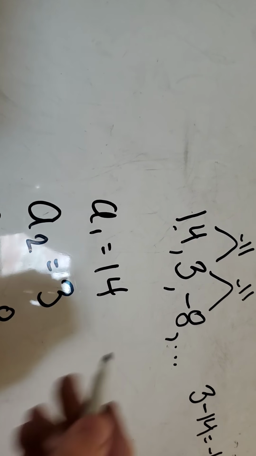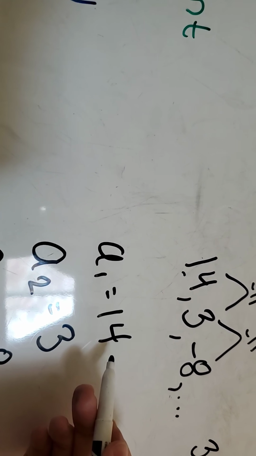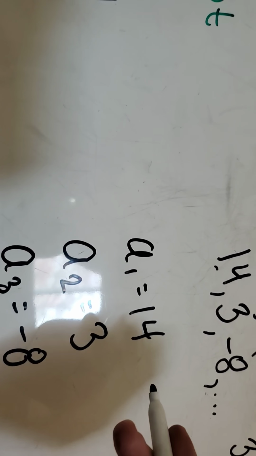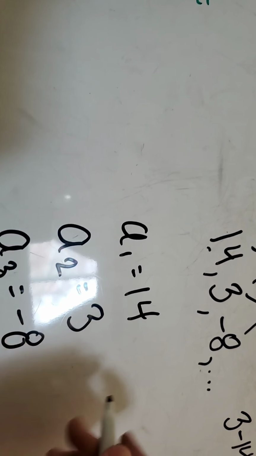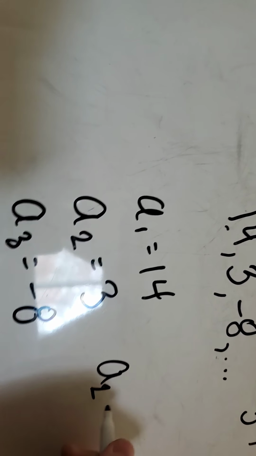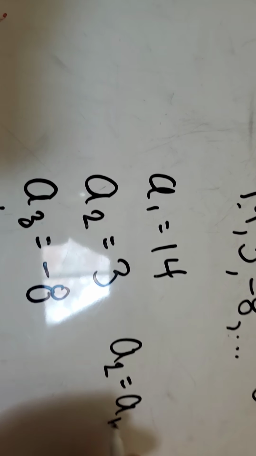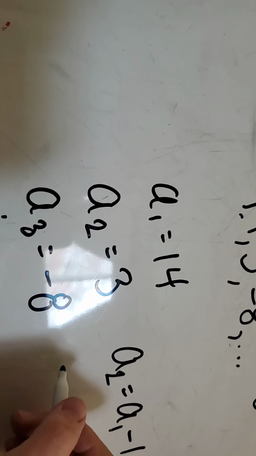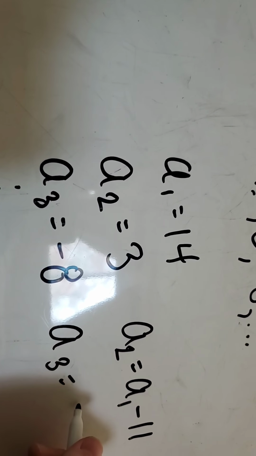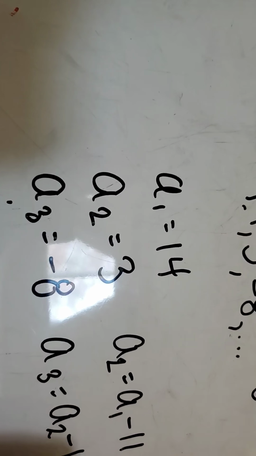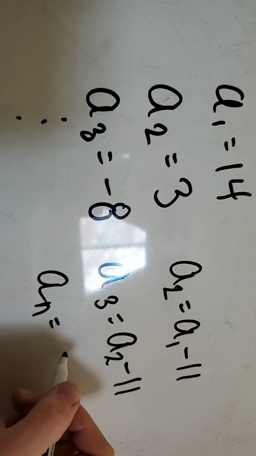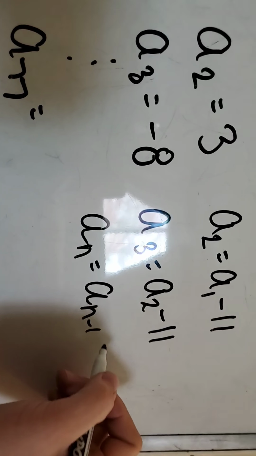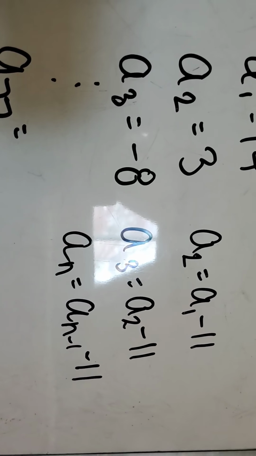In other words, A2 is A1 minus 11, right? A3 is A2 minus 11. So every term, An, is the term before it, A(n-1), minus 11.